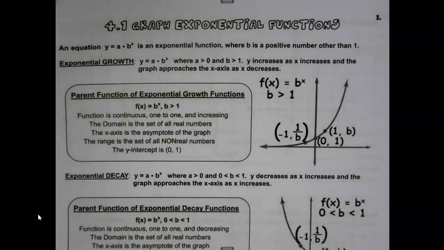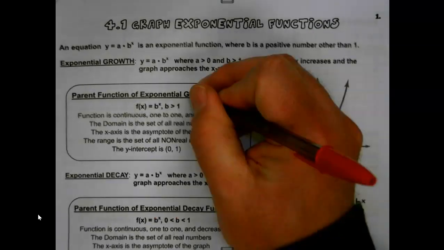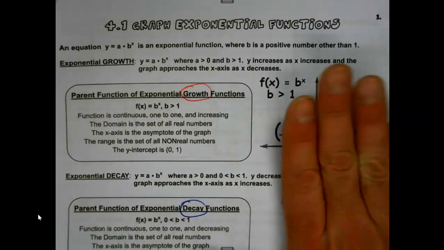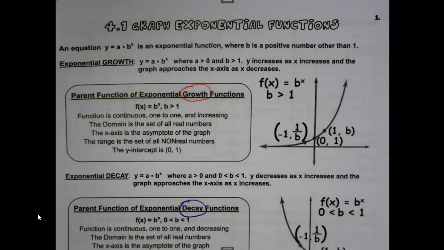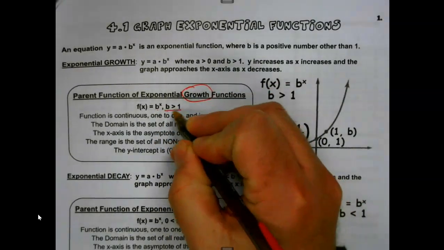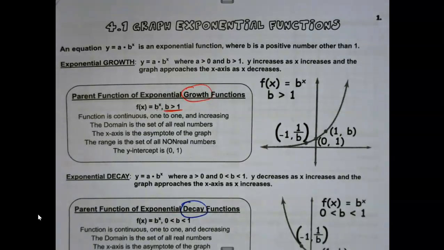So here's the deal. We are going to be chatting growth. We are going to be chatting decay. And there's some very small differences between them for us to recognize them without even seeing a graph. And here's what they are. When you're dealing with growth, your base, the value you're taking to an exponent, is going to be greater than 1.